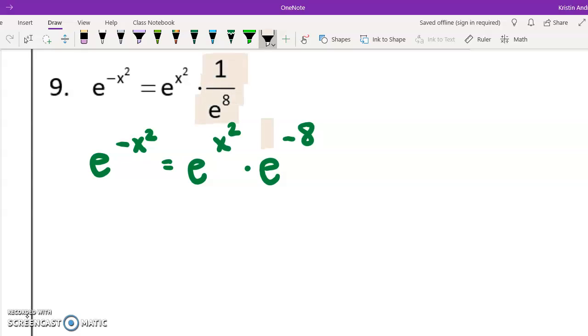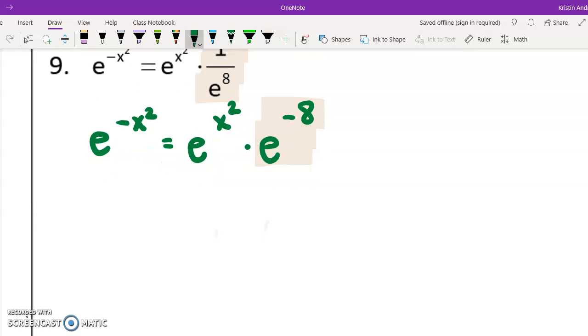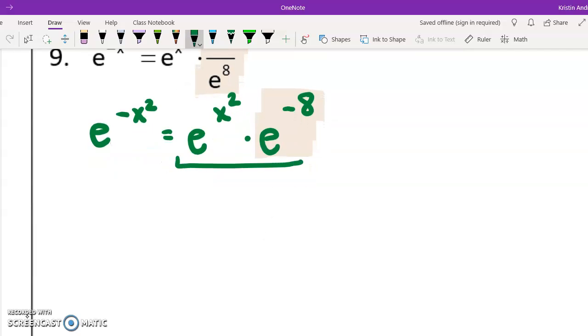That's right here. I just moved it upstairs. And instead of a positive 8 in the denominator, I make it a negative 8 power in the numerator. These two are going to get combined by addition. So it's e to the x squared plus negative 8 would be minus 8.